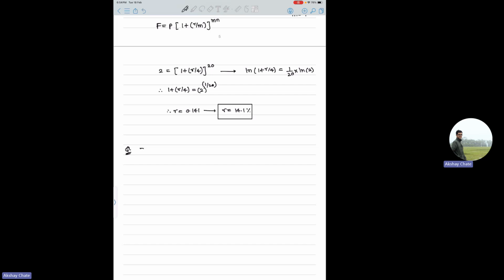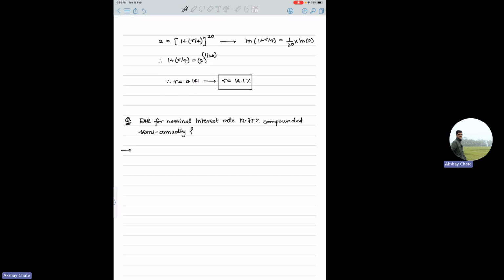So they are asking about effective annual rate for nominal interest rate 12.75% compounded semi-annually.